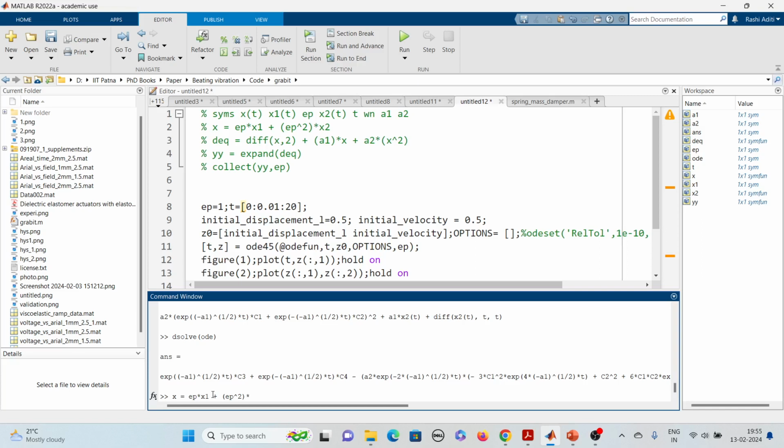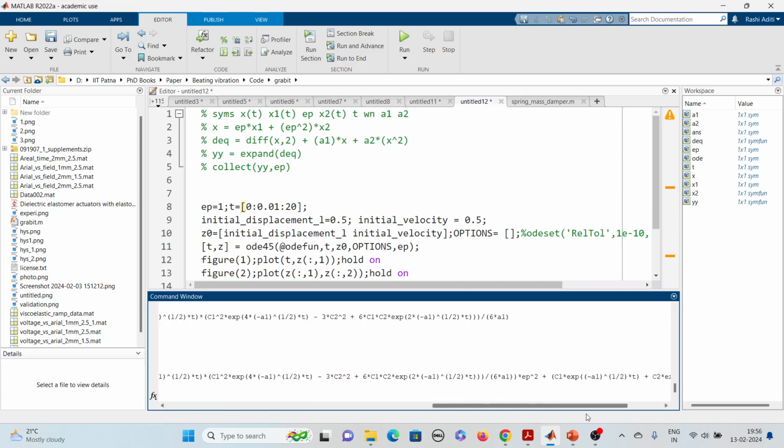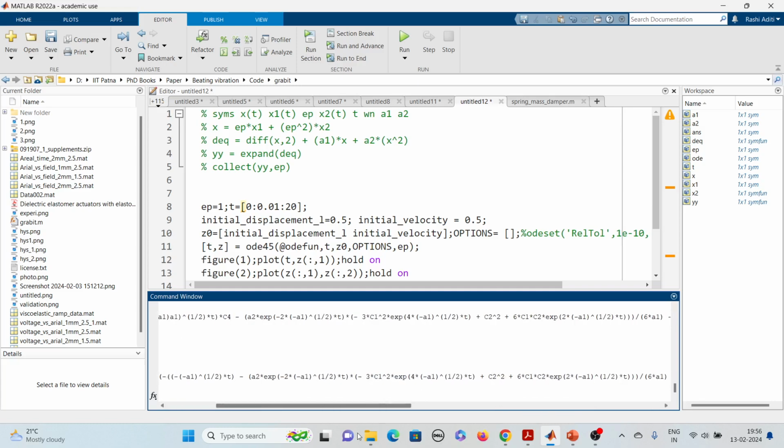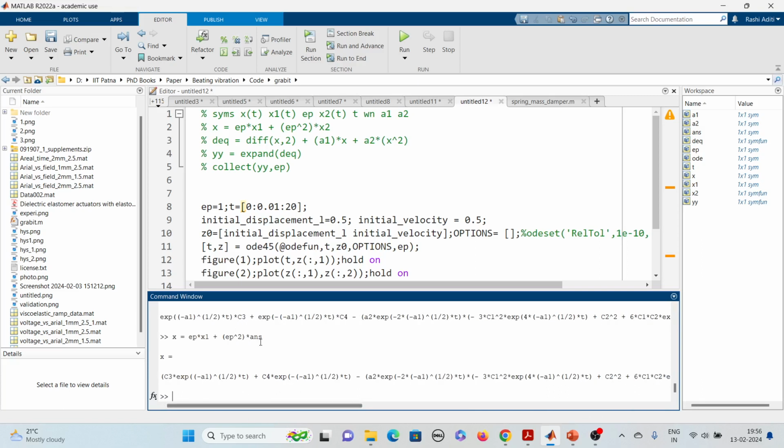Here, when I called the dsolve command, I didn't give it a name, so it came out as ans. So I'll just write ans here. This is my answer from the straightforward method. You can see how long the solution is.